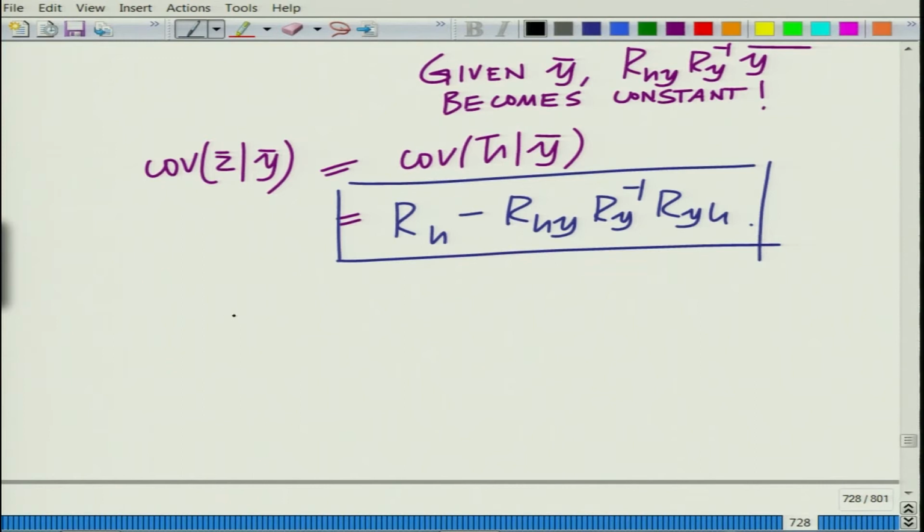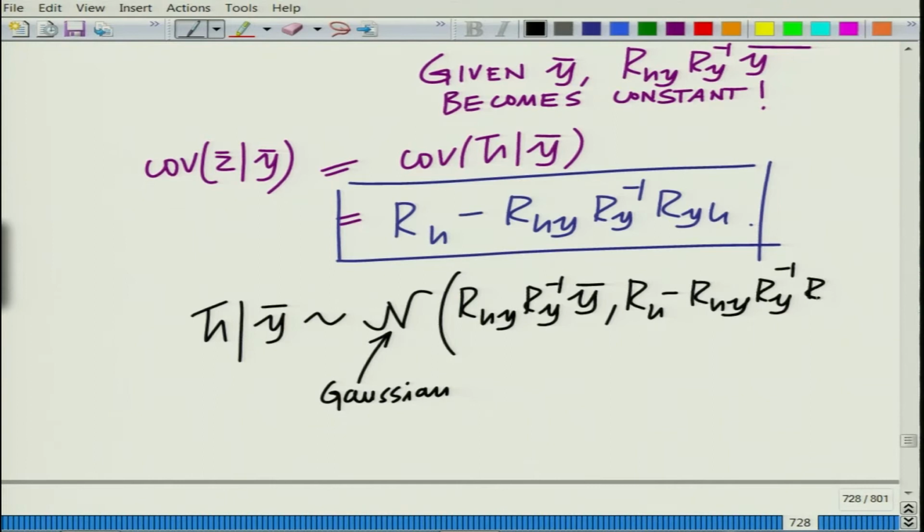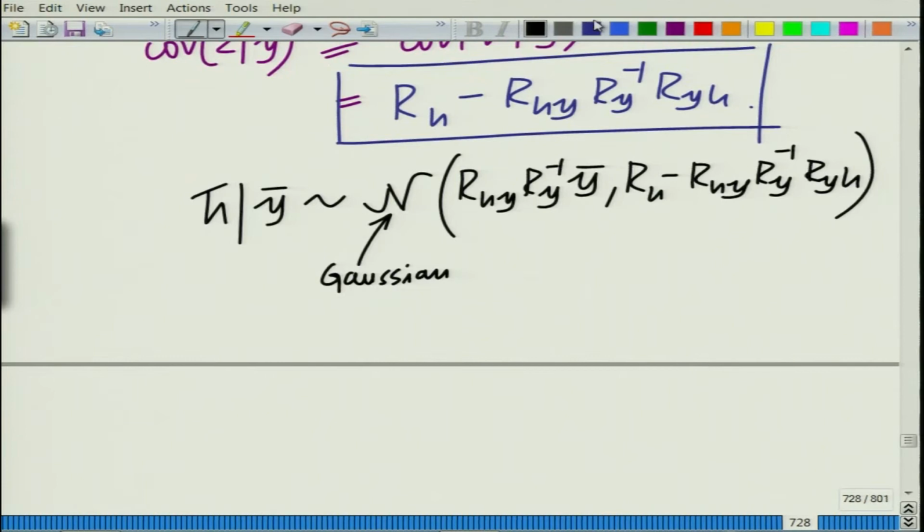And therefore, now you can write h bar given y bar is Gaussian. Remember, this shows that the PDF is Gaussian, or multivariate Gaussian. The mean is R_hy R_y inverse y bar, this is the conditional mean, and the conditional covariance is R_h minus R_hy into R_y inverse into R_yh.